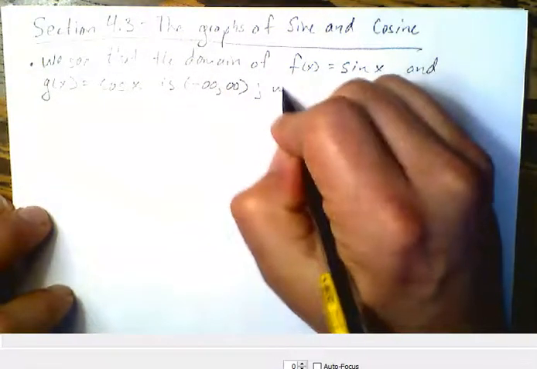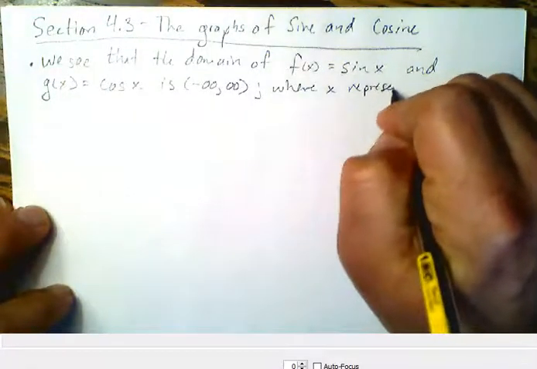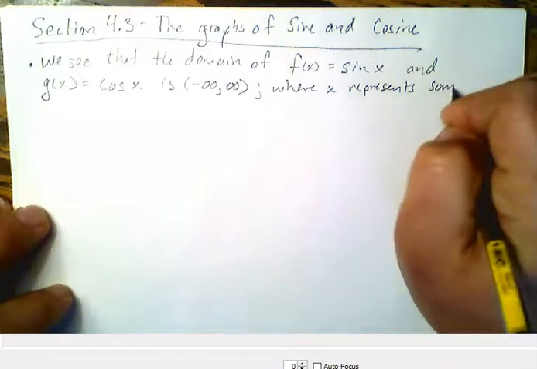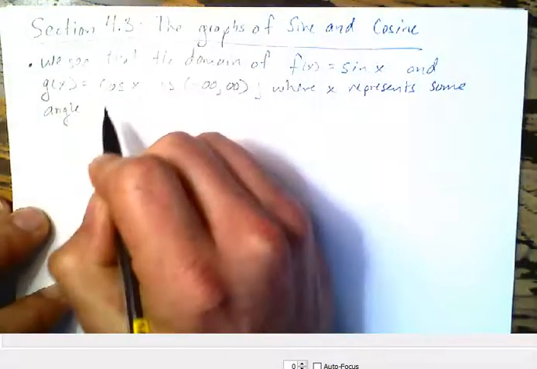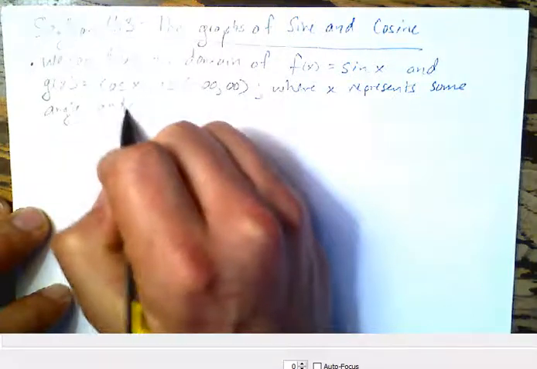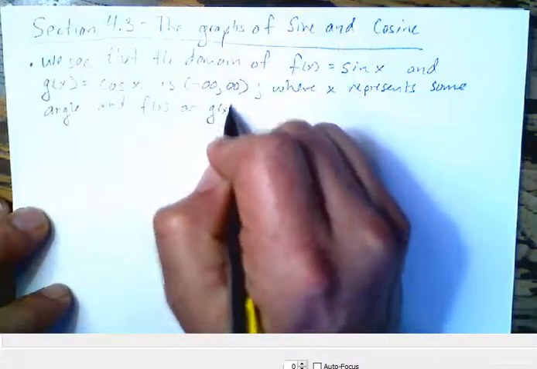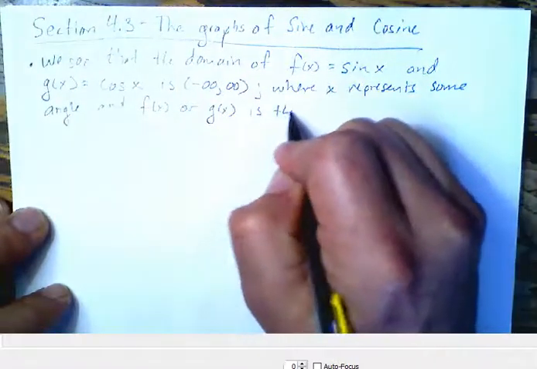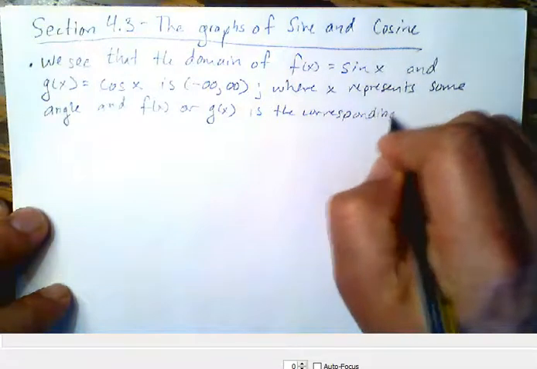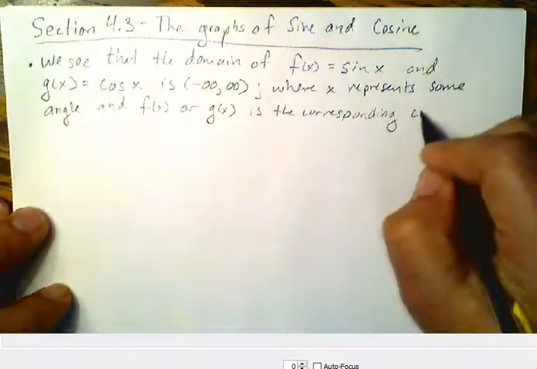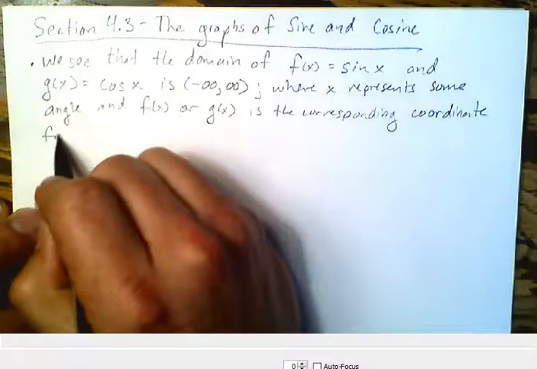Where x represents some angle and f of x, or g of x, is the corresponding coordinate from the unit circle.